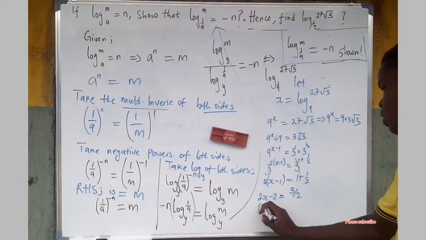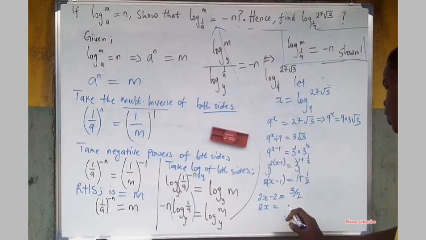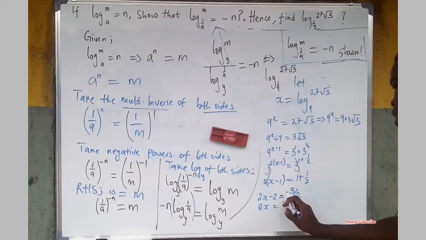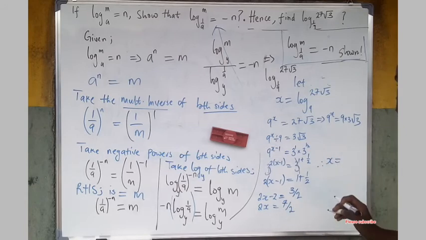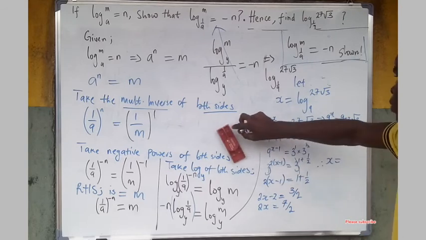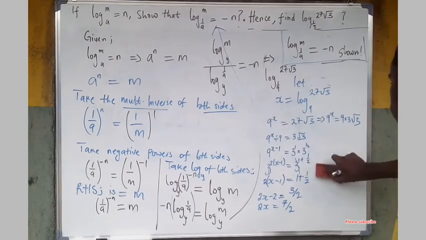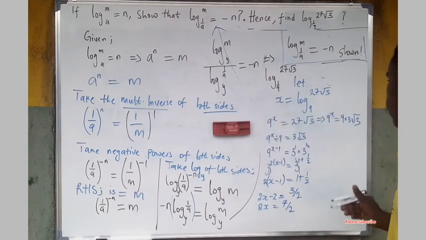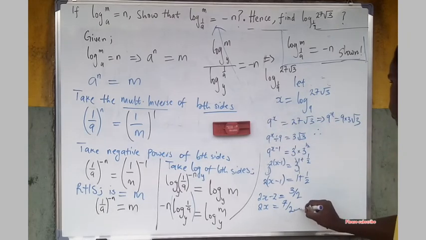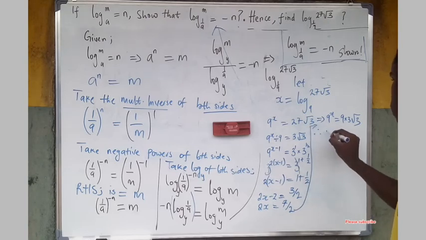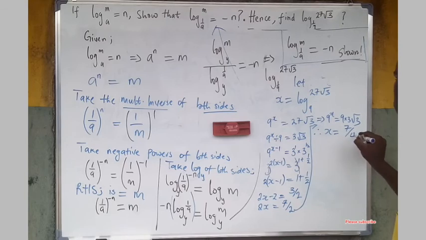So we have 2x equivalent to 3 over 2 plus 2, that's 7 over 2. Therefore, x is equivalent to 7 over 4. That's the value of x.